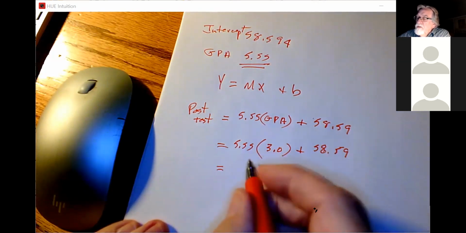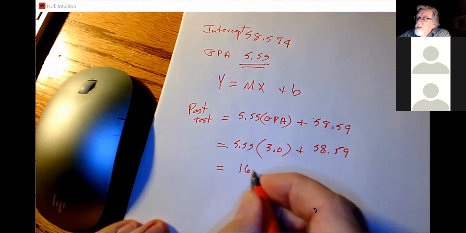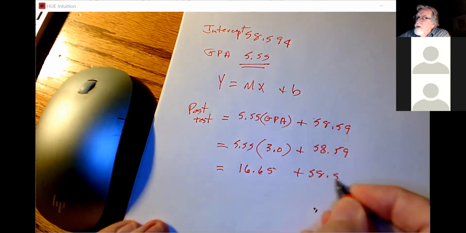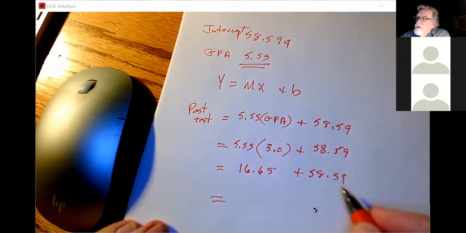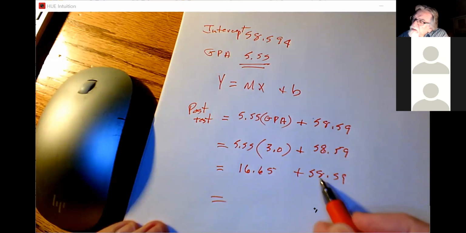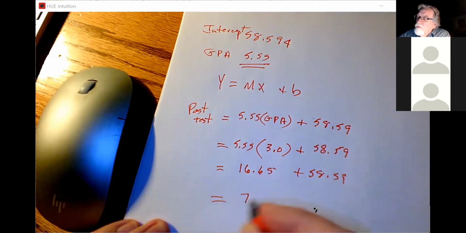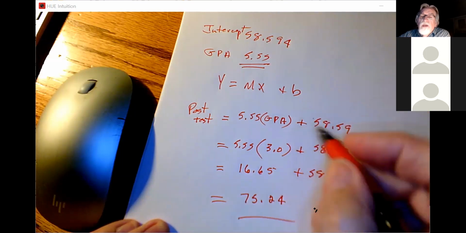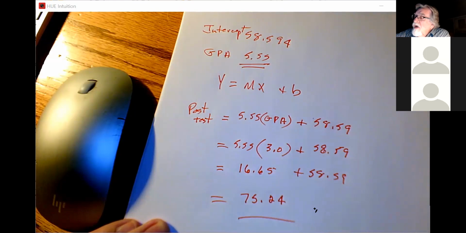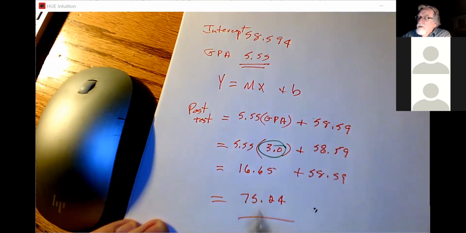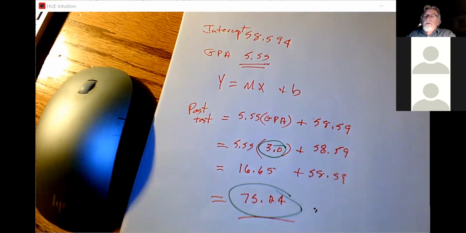I think it's 16.65 plus 58.59, and that's equal to 75.24. I think that's correct. So for a GPA of 3.0, we would predict a post-test score of 75.24.